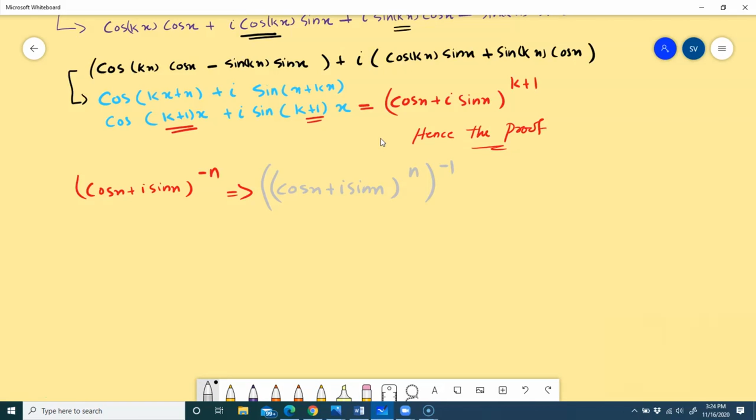That is actually a rule of exponents, nothing serious there. We know that cos x plus i sin x to the power n is cos nx plus i sin nx, to the power minus 1. And by using the previous statements, we can conclude this as cos of minus nx plus i sin of minus nx, and hence the result.